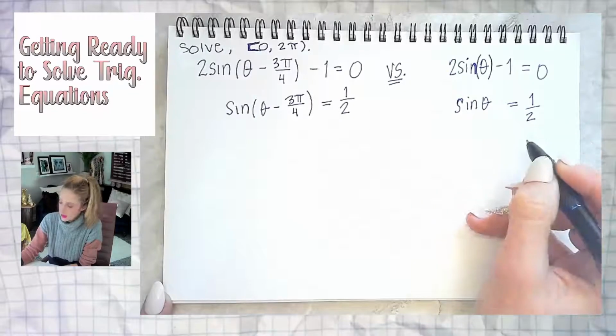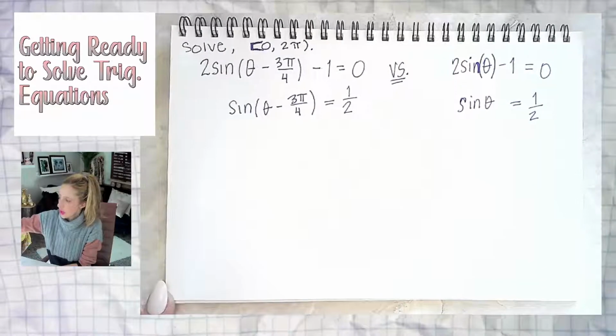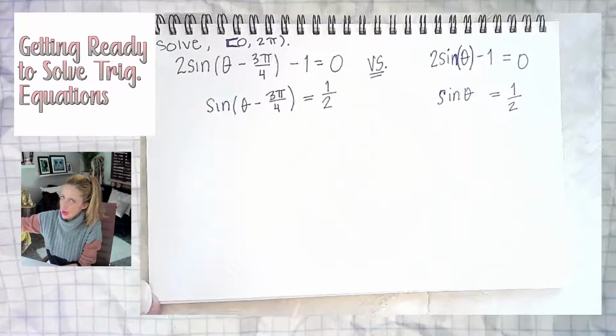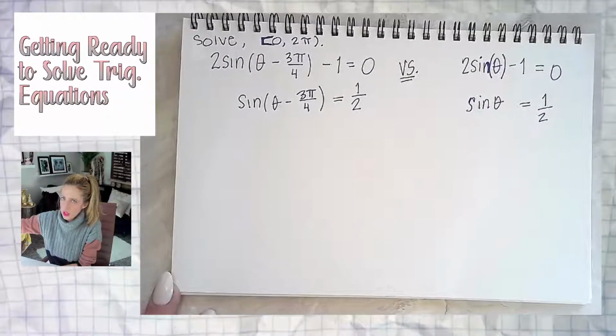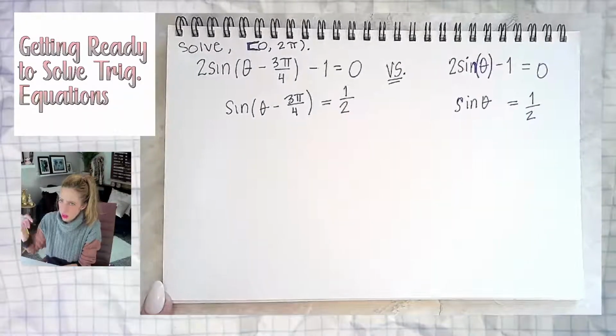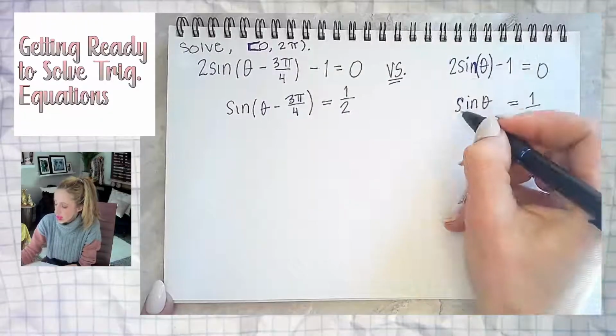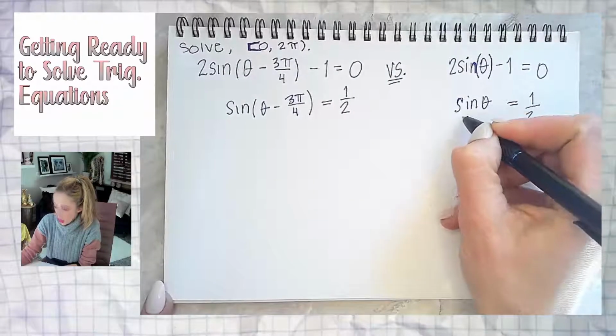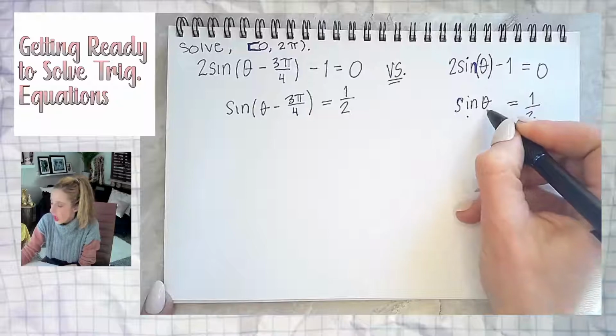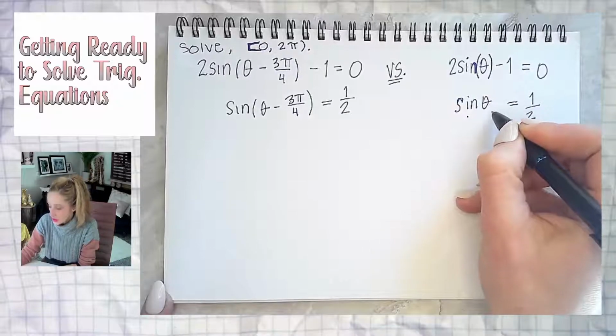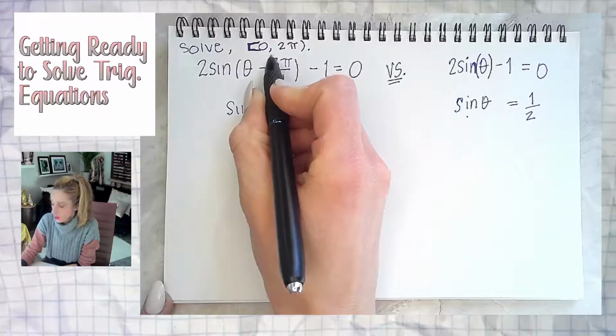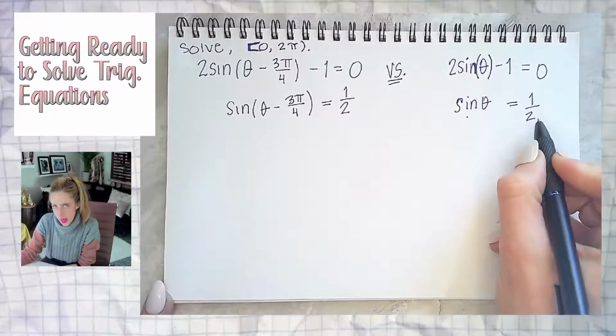This one's a little bit easier, a lighter version of the example. If you wanted to ask yourself the appropriate question in order to solve it, you would say: the sine, or y value in the ordered pair, of what angle or angles on the unit circle between 0 and 2 pi equals positive 1/2?